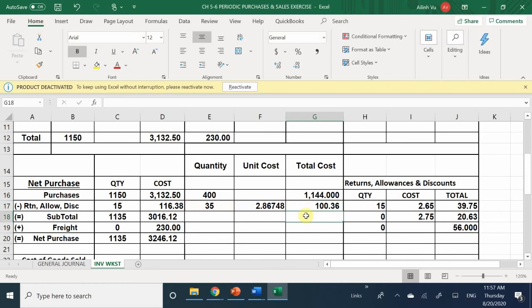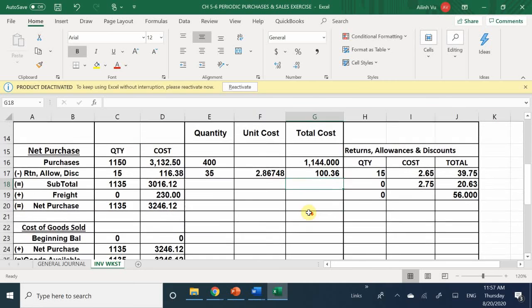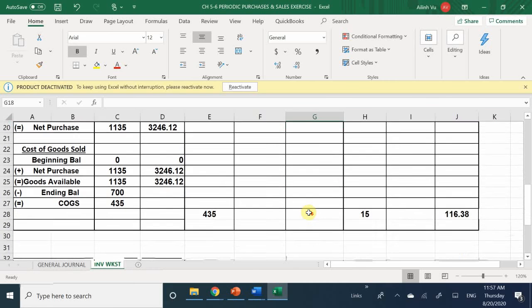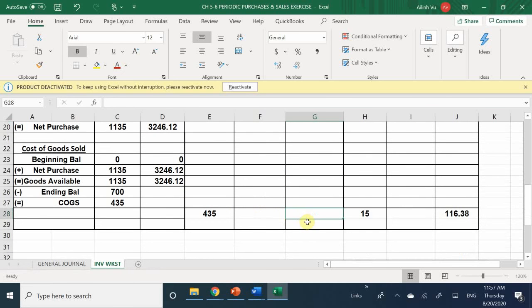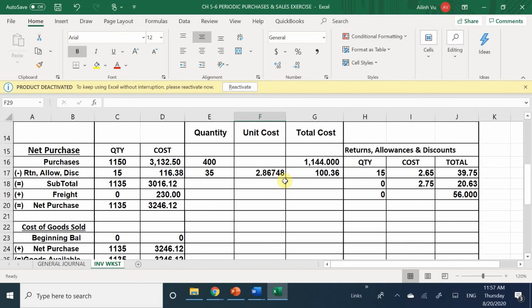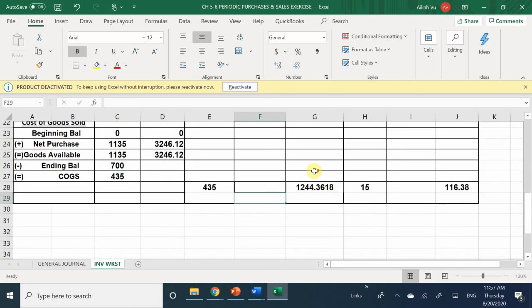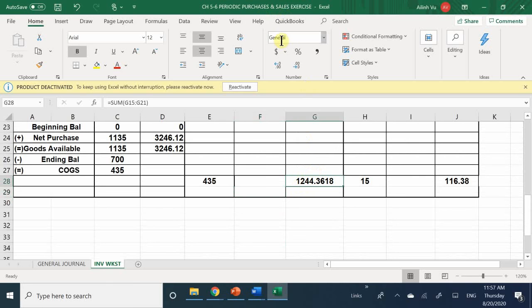It's going to give me $100.36, which in grand total, if I add those two numbers together, I should get 1144 plus 100.36, 1244.36, which is what is displayed down here.